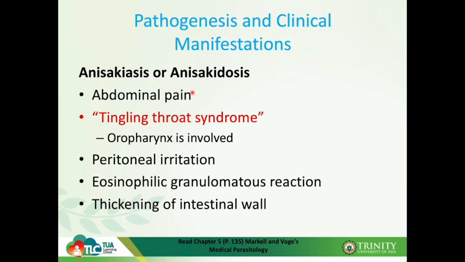And ayun. So while it is in the gastrointestinal tract, it can cause abdominal pain, peritoneal irritation, granulomatous reaction, part of the response of our immune system, and also thickening of the intestinal wall. However, some infections are only temporary, and so this is called transient anisakiasis or transient anisakidosis.